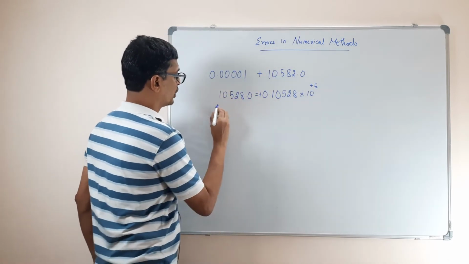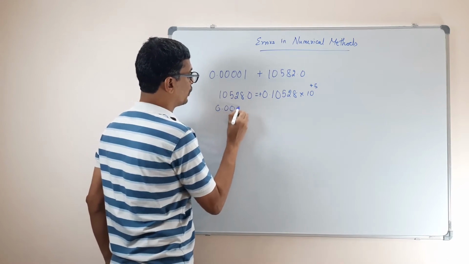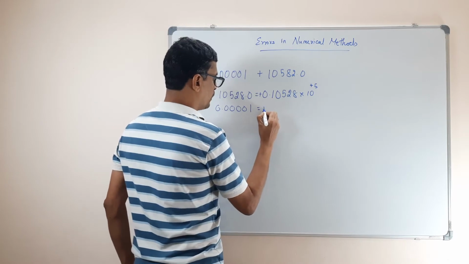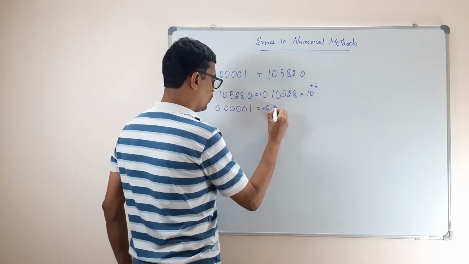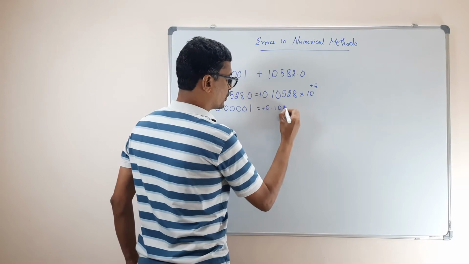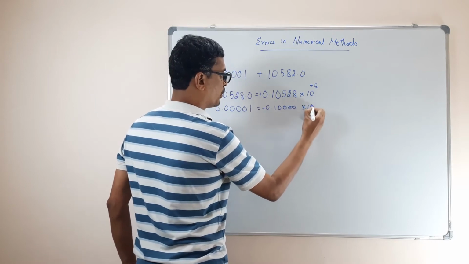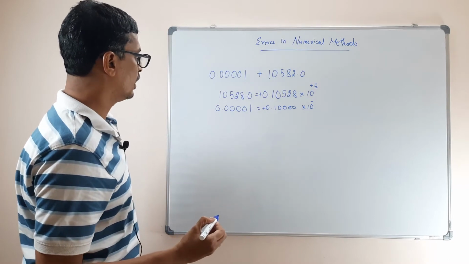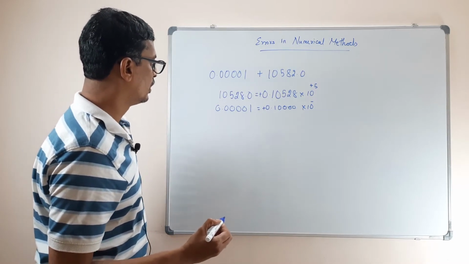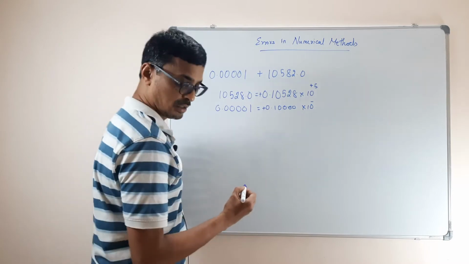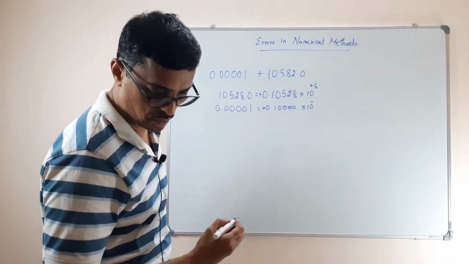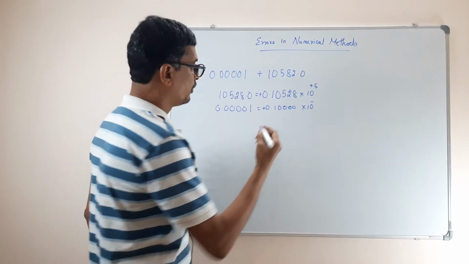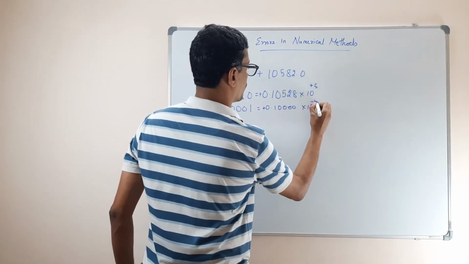And this number, 0.00001, will be represented as plus 0.1 into 10 to the power of minus how much? 4. Am I right? Am I making it clear?